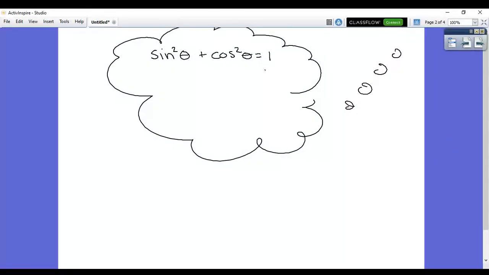We want to say 1 minus sine squared, so just take away the sine squared. Yours would have worked out, but you're doing 3 steps versus 1 step. So I would get cosine squared equals 1 minus sine squared, right?